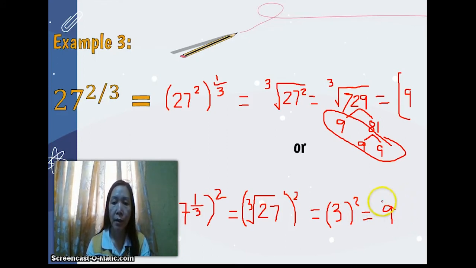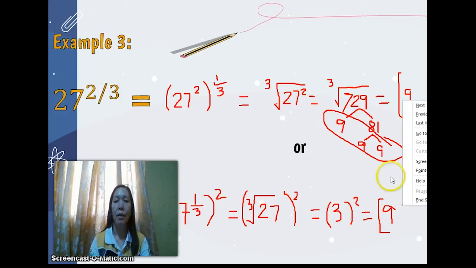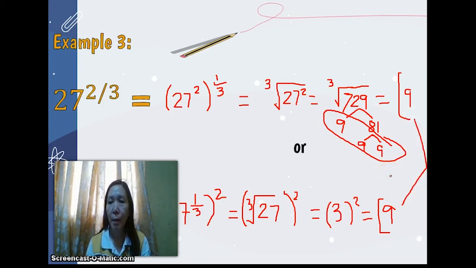So, do we get the same answer? Yes, they are the same. So if you have a choice, just take the root first so that you don't have any difficulties.